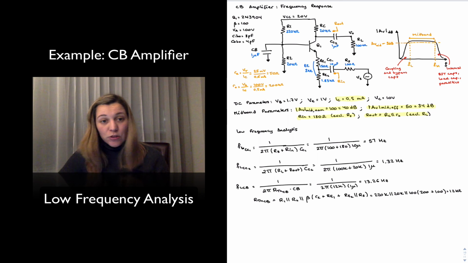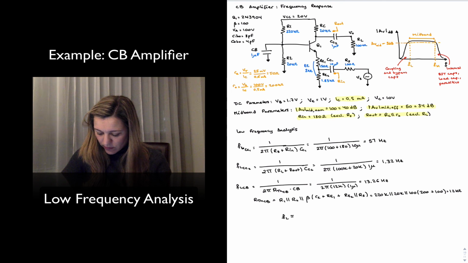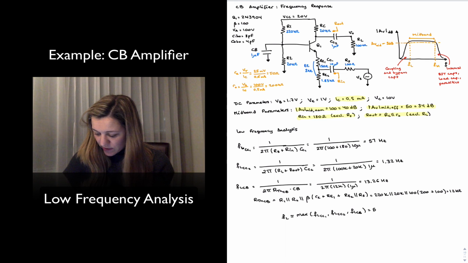So my dominant low cutoff frequency can be approximated as the maximum of FL due to CC1, CC2, and CB, which in this case is 57 hertz.